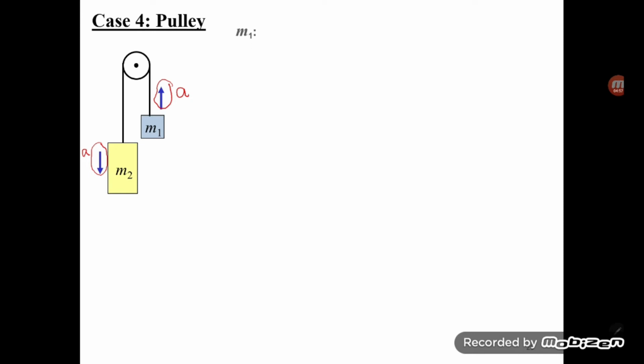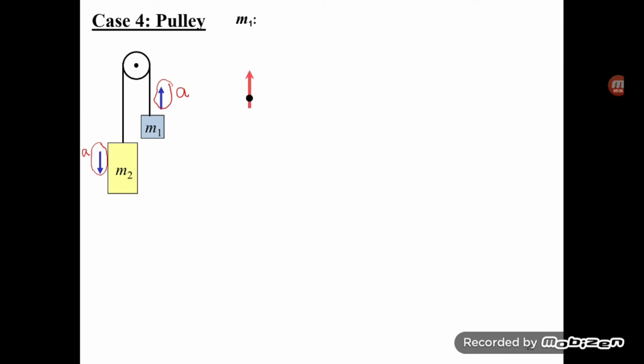Case for pulley. We have M1 and M2. This is the direction of acceleration. We need to draw a free body diagram for M1.